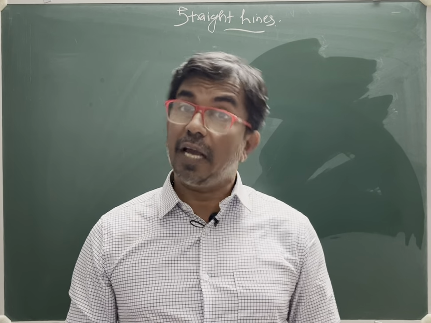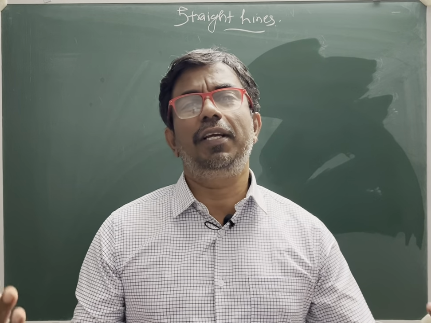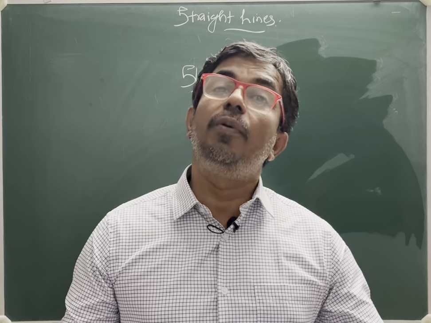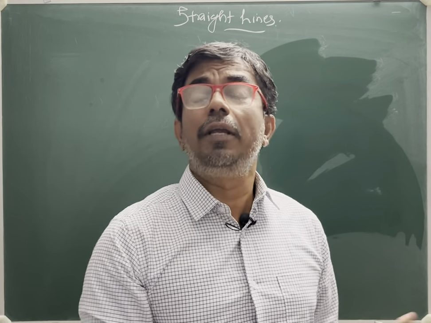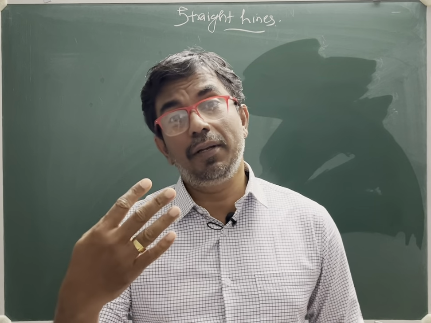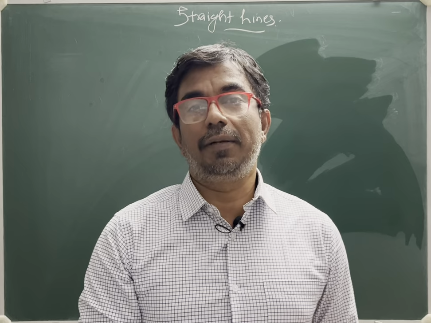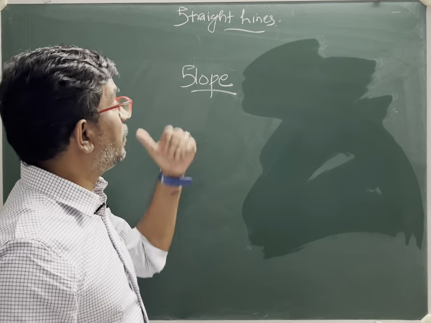Can we measure this in mathematics? Yes. Everything in and around us we will try to measure in maths, if possible. There are quantities which may not be measurable so easily, like love. But here steepness we can measure.